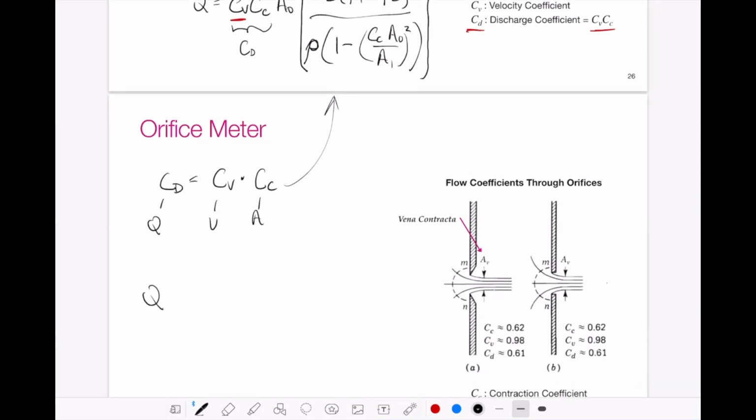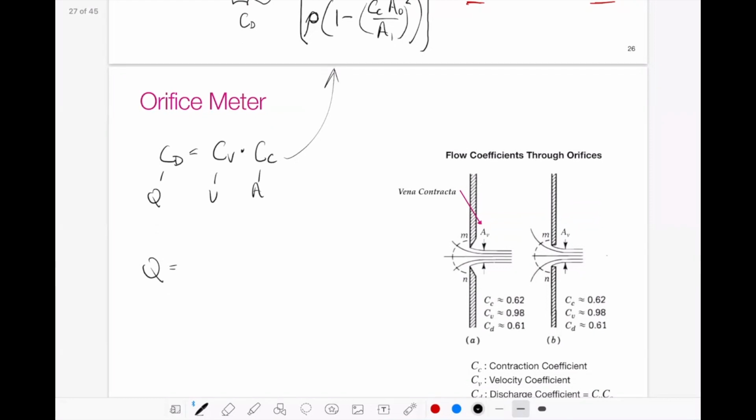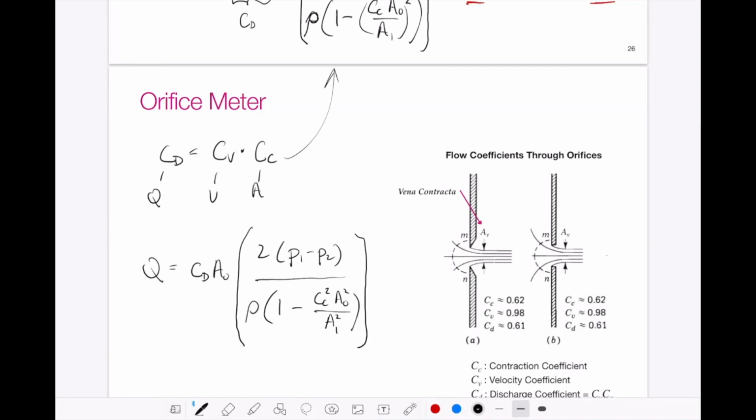So our equation then becomes the flow rate through our orifice meter, or our orifice flow device, is equal to CD times A0 times 2 times P1 minus P2, divided by our density of the fluid, rho, times 1 minus our contraction coefficient squared, times the area of our orifice squared over the area of our pipe squared. And this is all to the power of 1/2, or all square rooted.